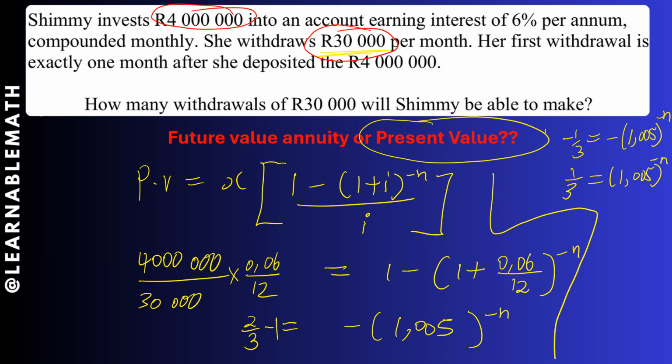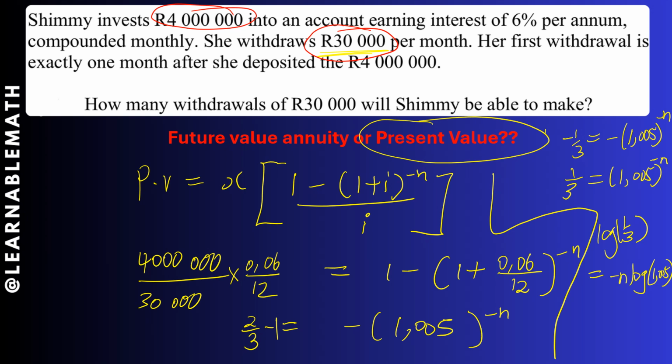We can apply our logarithmic rules, right? So to solve for n, if you apply log both sides, you have log of 1 over 3 is equal to the log of 1.005 exponent minus n. Now you can see if you apply log, anything on the exponent will go down, so it will be the same as negative n times the log of 1.005.